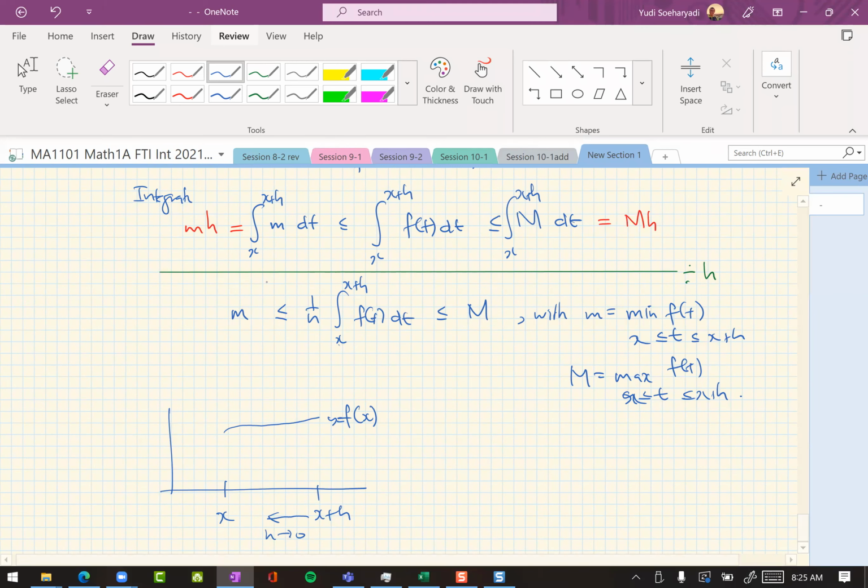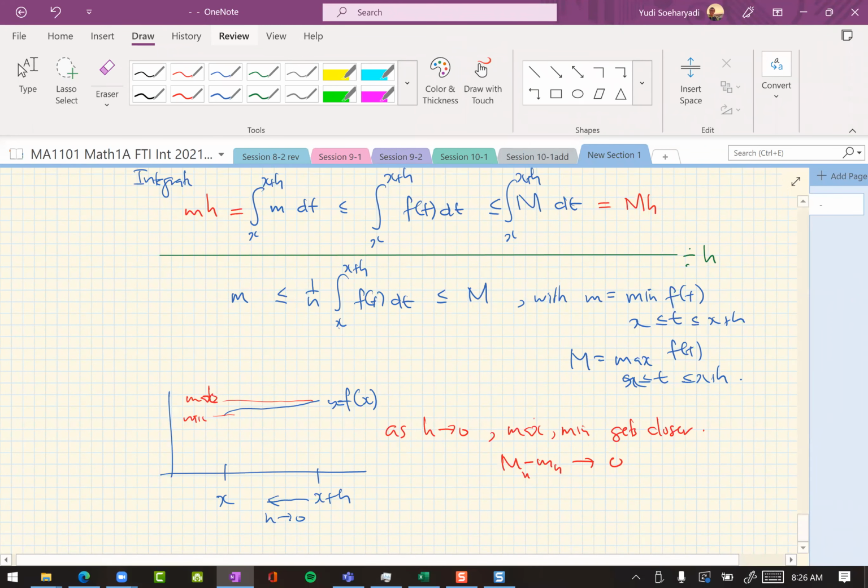The max and min, this is max, this is min. Okay, so they get closer. Max and min get closer. So M minus m goes to 0.